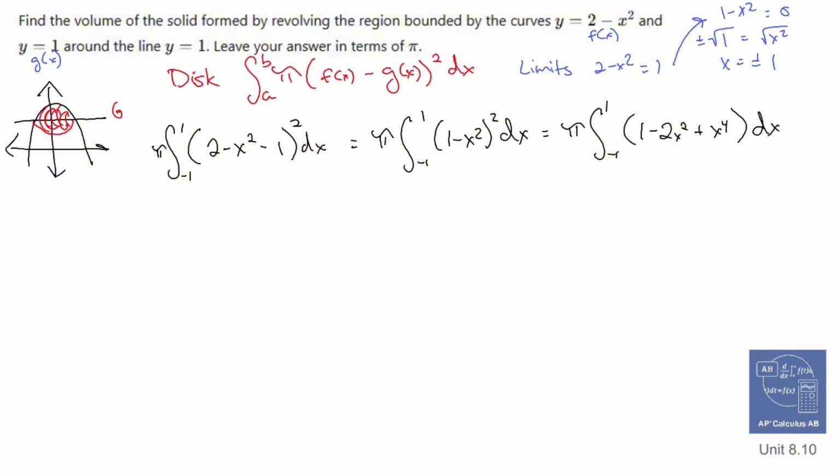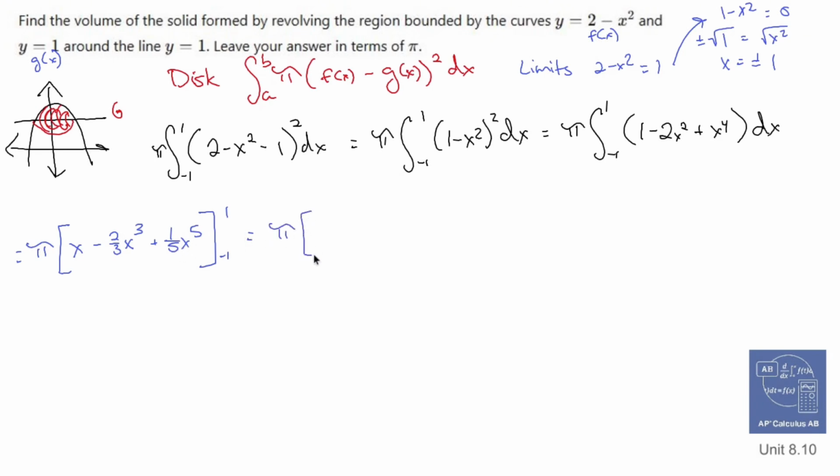Now it's time to integrate. Pi is still going to live out there. The integral of 1 is x. Then we have negative 2x squared, which becomes negative 2/3 x cubed. Then we have x to the fourth, so plus 1/5 x to the fifth, with my limits at negative 1 to 1. Now we plug stuff in.